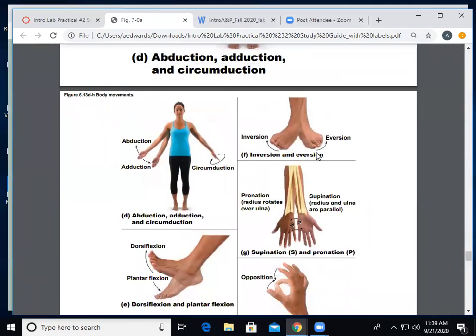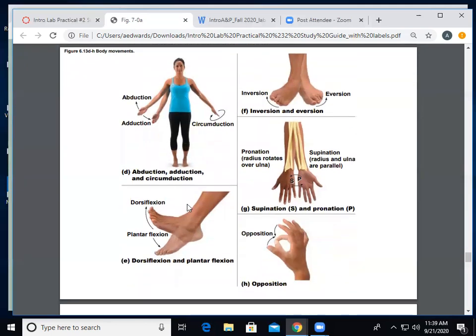All right. So we covered this part. Now let's talk about some of these other movements. With your feet, if you move your toes up and the sole of your foot down, that's considered dorsiflexion.